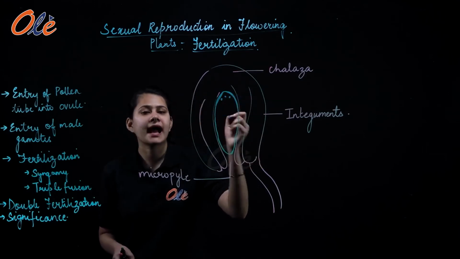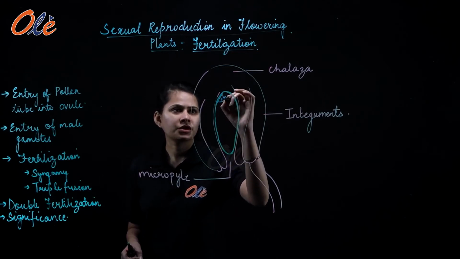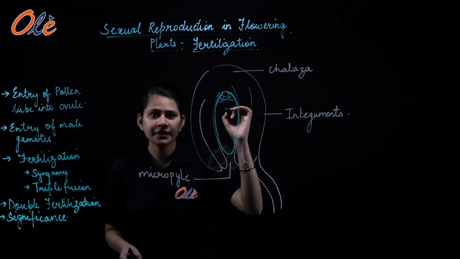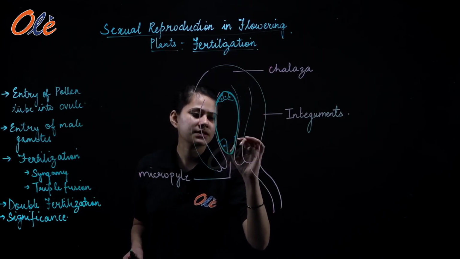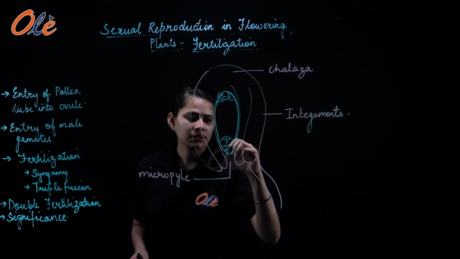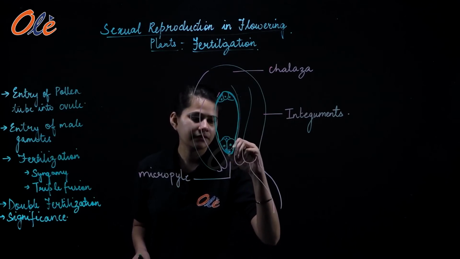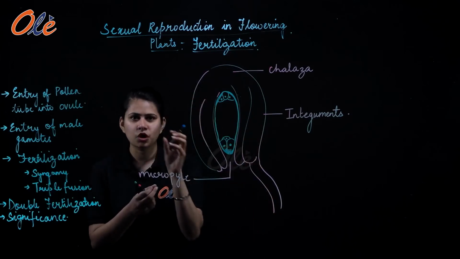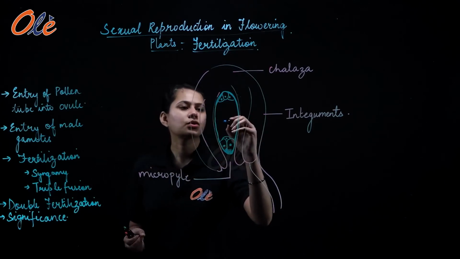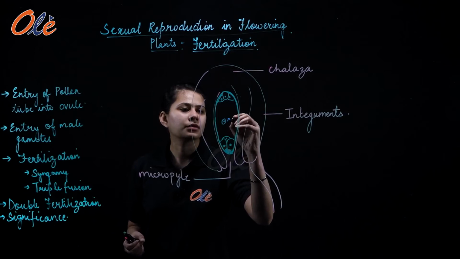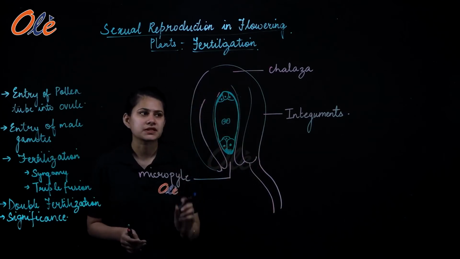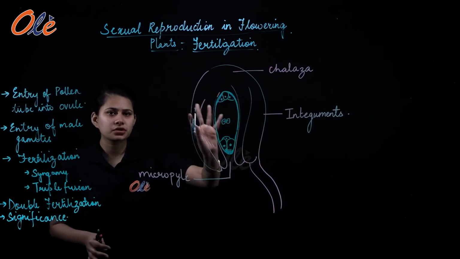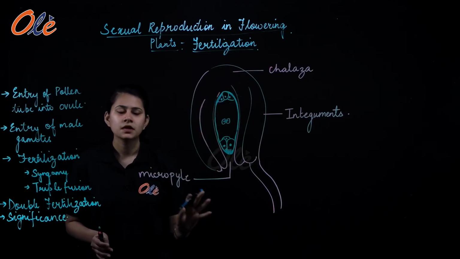Three are in the antipodal cells, which are present towards the chalazal side, right? Then there are three nuclei which form the egg apparatus, two of which form the synergids and one forms the egg. The synergids have a filiform apparatus in the form of small finger-like projections, and there are two nuclei right in the middle, which are called polar nuclei. They are present in the middle cell or the central cell, right? So this is the basic structure of an ovule that you had studied, right?